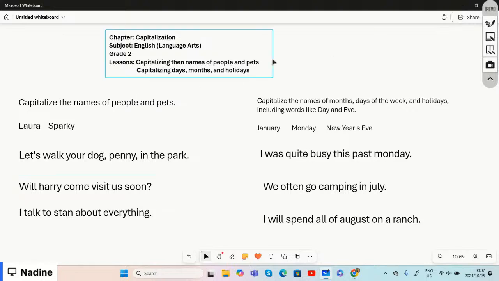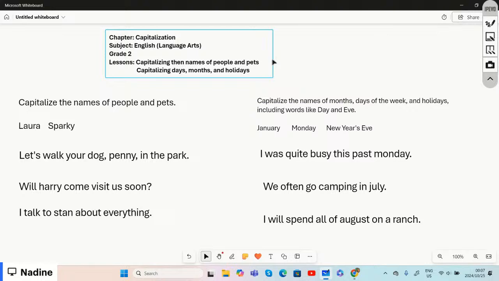So when it comes to capitalizing the names of people and pets, remember if you have a pet, whether it is a hamster, a dog, a cat, a snake, whatever pet that you have at home, we eventually give our pets a name. I have a dog and I gave my dog a name. So if you give your pet a name, then you need to also capitalize the name of your pet.